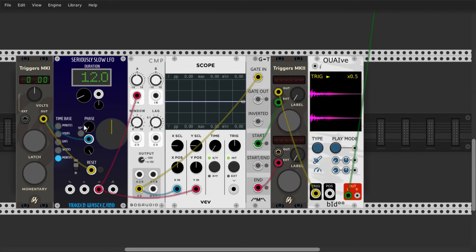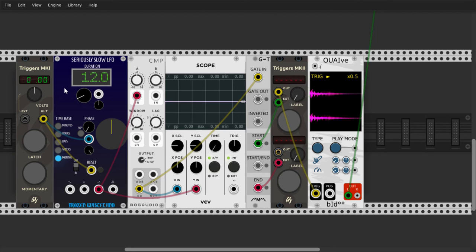Let's see here. Using the phase input. Now, as far as I can tell, CV signals in Rack are accurate to 5 decimal points.